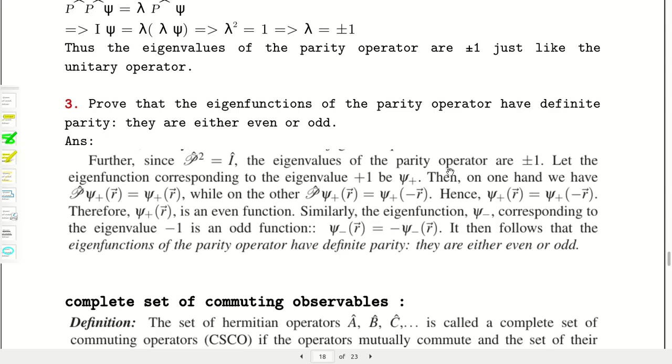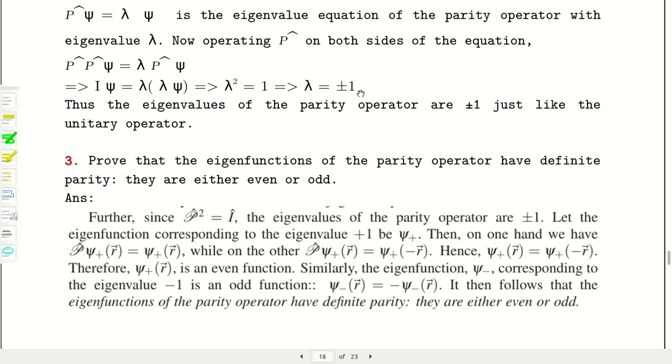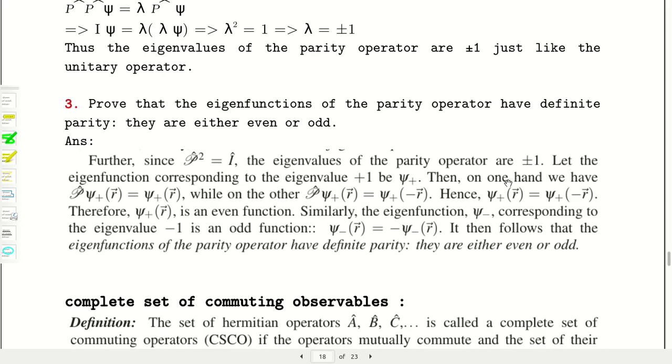So its eigenvalues are plus 1 and minus 1, it is proved in the previous problem. So let us express the eigenfunction corresponding to the eigenvalue plus 1 as psi plus.